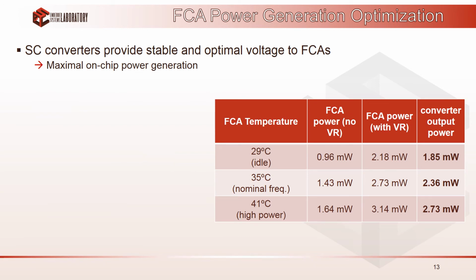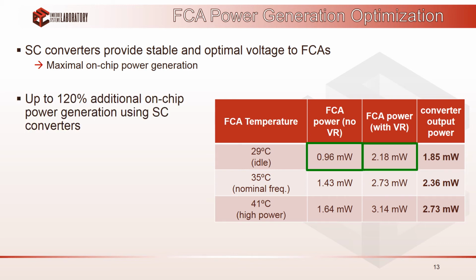Our simulation results show that the switched capacitor converters are able to provide a stable and optimal operation voltage to FCAs and maximize their on-chip power generation. In particular, using the converters enables up to 120% higher FCA power generation compared to directly connecting them to the 3D MPSoC power grid.